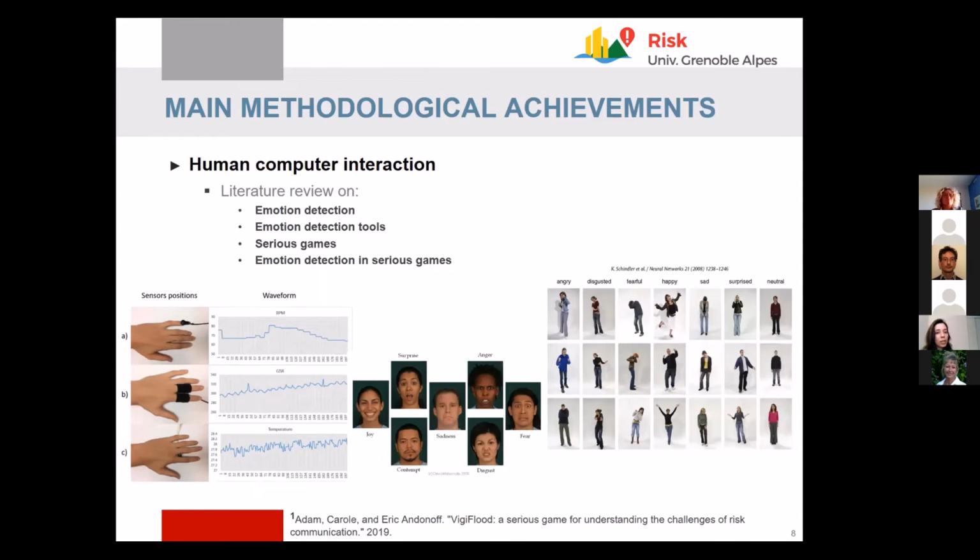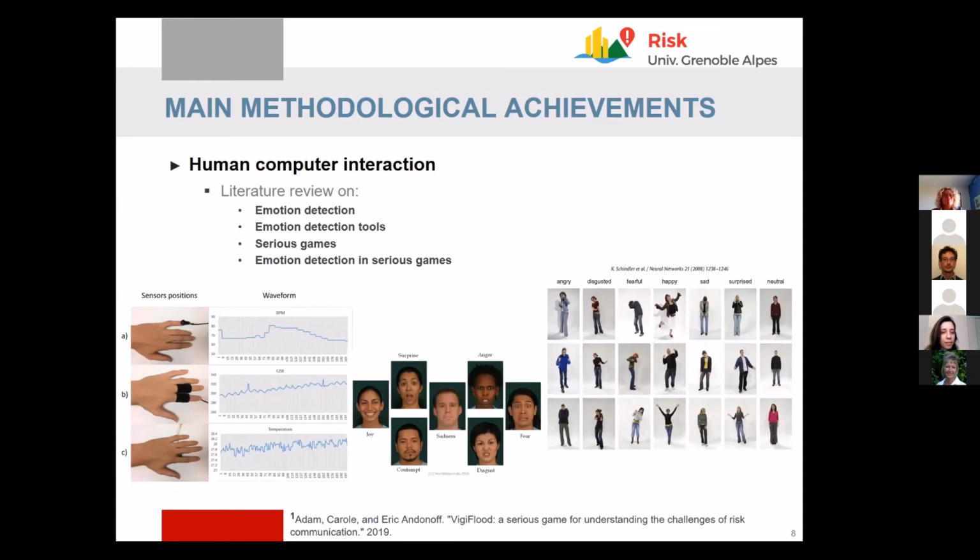The method that we chose was facial expression. These methods are all implicit, and it's difficult to know the implicit emotion that a person is showing. But the point about using facial expression is that it doesn't cause any disturbance when the person is playing a game or interacting with a web page.